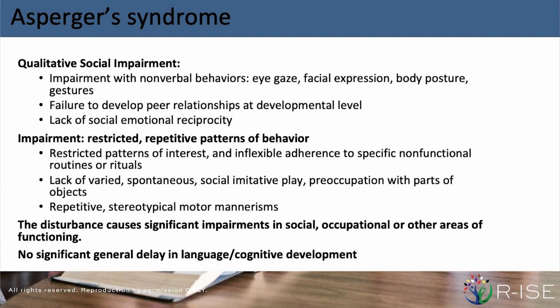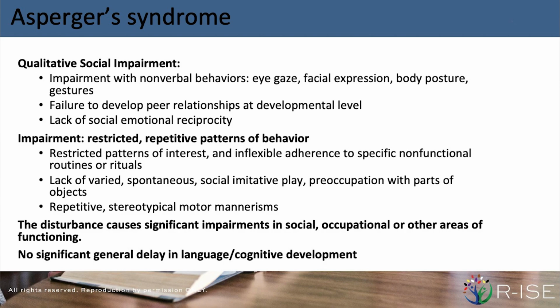We often also hear the term Asperger's syndrome. Asperger's syndrome was a separate category for many, many years. Asperger's syndrome is now categorized underneath the autism umbrella. However, those with Asperger's syndrome actually have wonderful verbal skills.